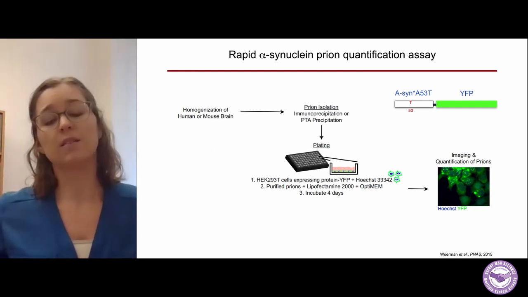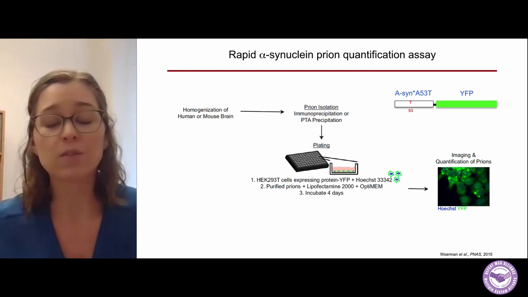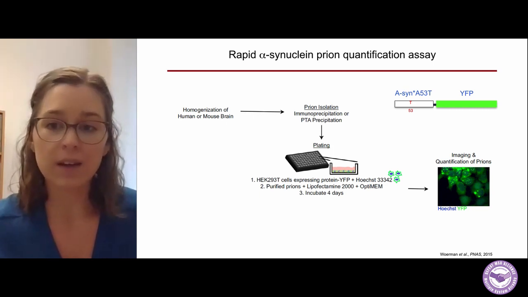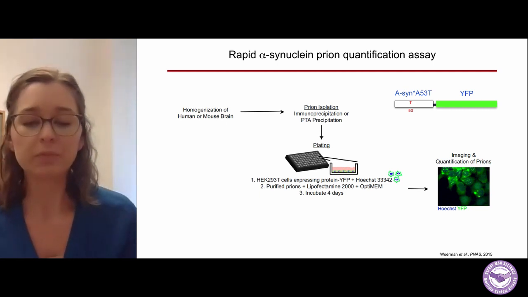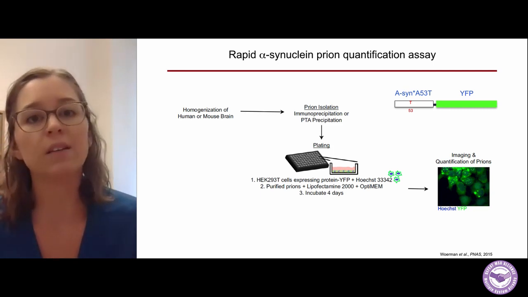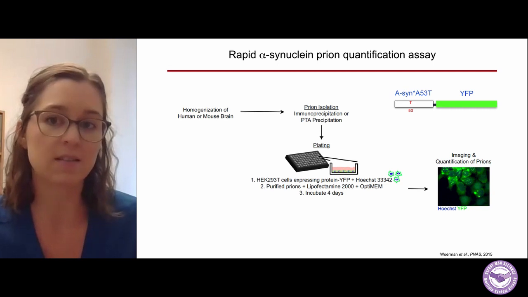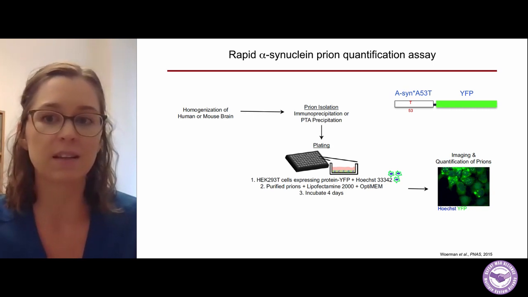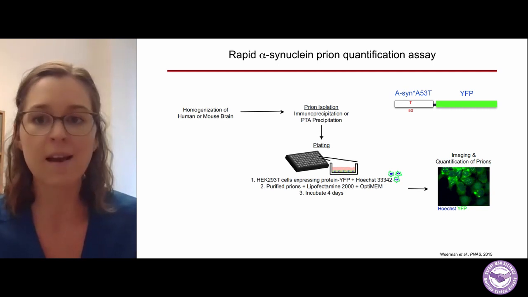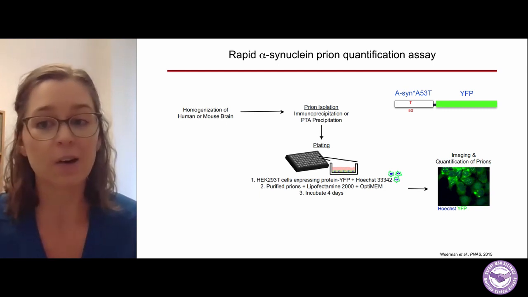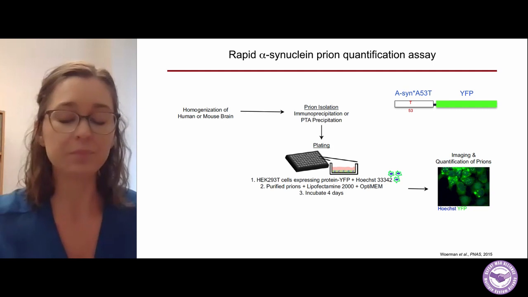And to do this, they developed a cellular assay using human embryonic kidney cells, which you can see right here in this little picture. And what they did was engineer the cell line to express human α-synuclein with that same Parkinson's disease mutation, which can be seen in this construct up here. They then fused this to yellow fluorescent protein, which is how the cells then fluoresce.